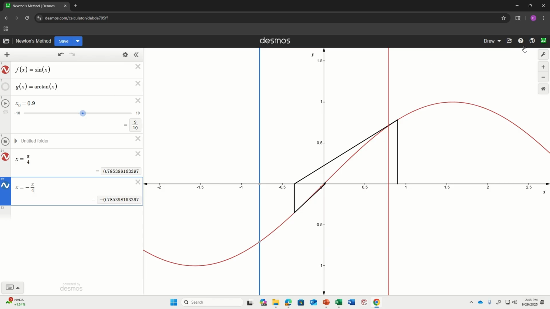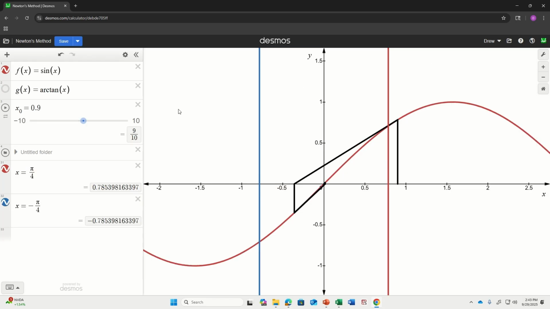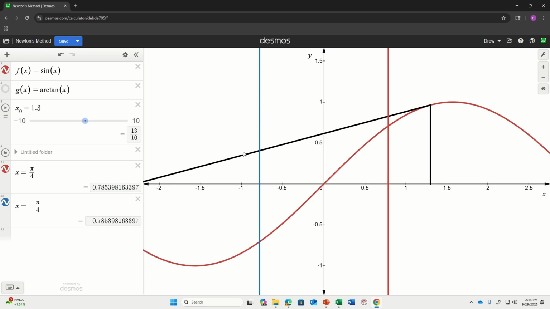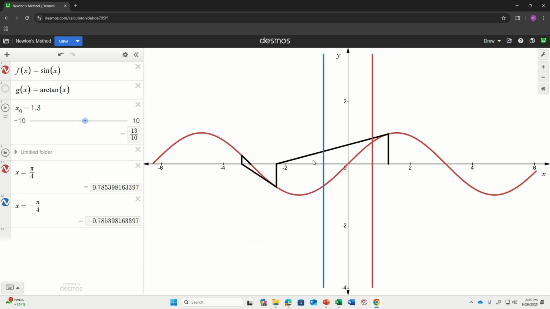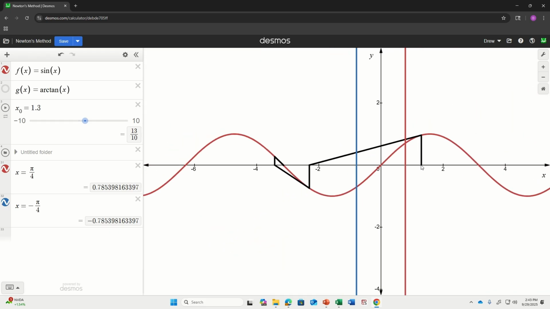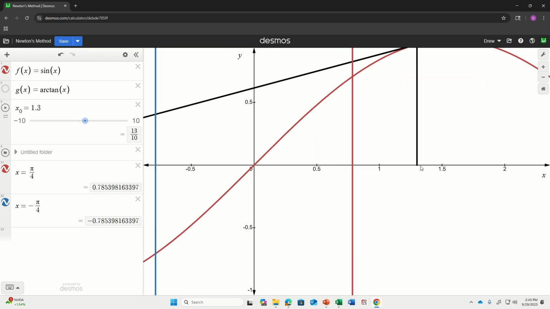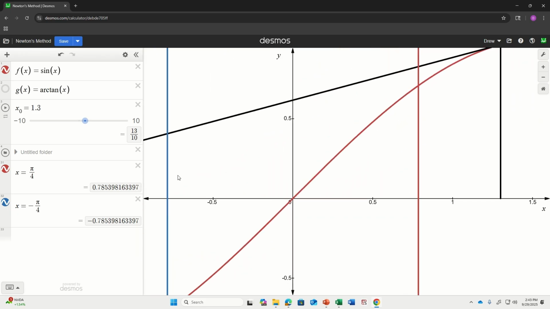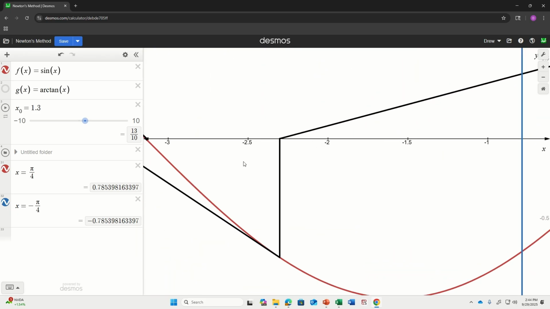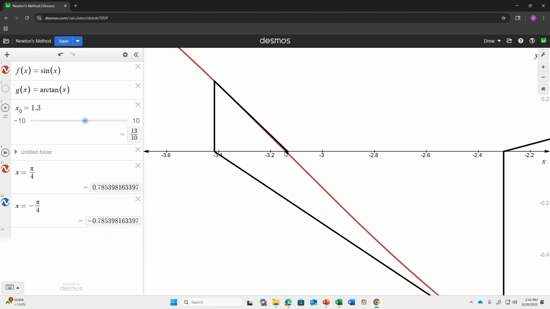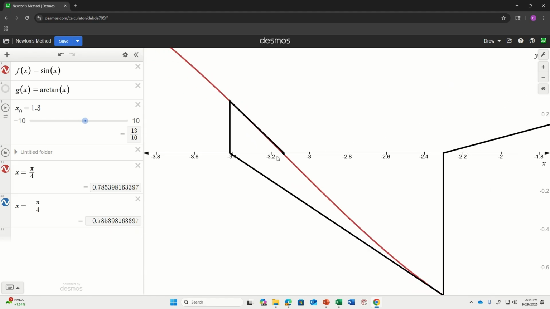And what I'm saying is if I start my initial iterate anywhere between these upper and lower bounds, it should always converge to the root at 0. If I go too far away, well, then maybe it doesn't converge to the root at 0. Like this one, even though I start my initial iterate at 1.3 or so, the iterations of Newton's method bounce off here and end up converging to the negative pi zero of sine.